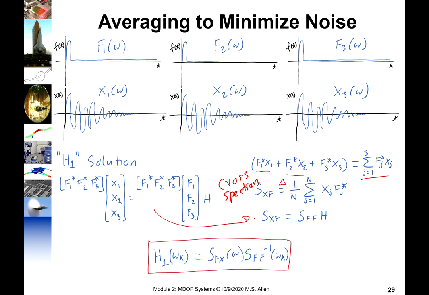So this is called the H1 solution, and it's kind of a tricky name because it doesn't mean response point 1 or point number 1 on the structure. It's also not the same one that we have here in terms of average number 1 or time history number 1. But it's called the H1 solution in the literature, and the alternative solution is called the H2 solution, which we'll talk about in a second.